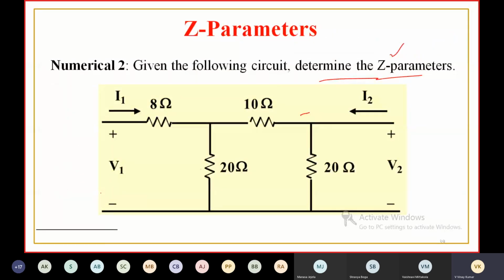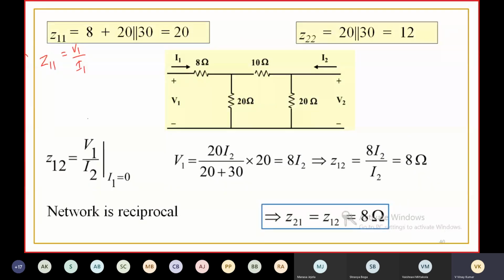So you remember it like this. Z11 is the ratio of voltage to current, with first subscript 1 and second subscript 1, so it is the ratio of V1 to I1 when I2 is equal to 0, because all Z parameters are open circuit parameters.